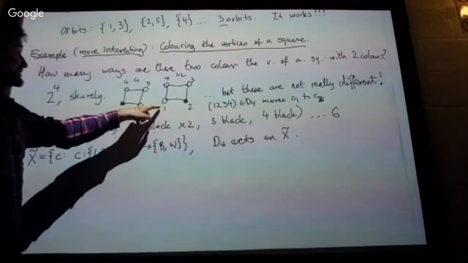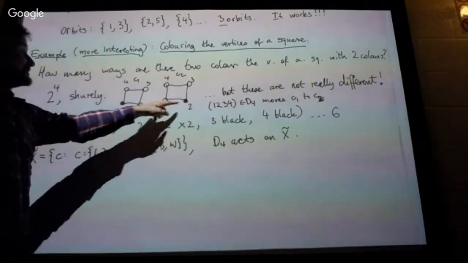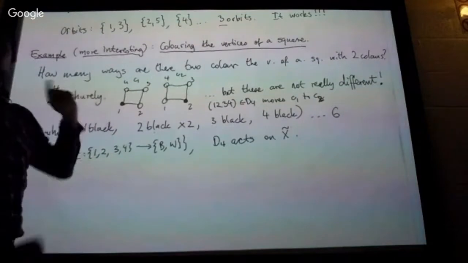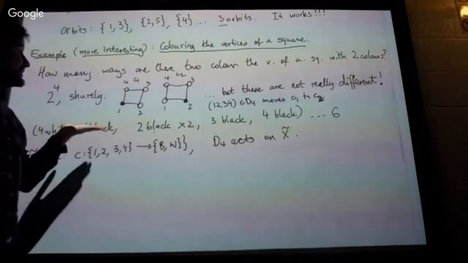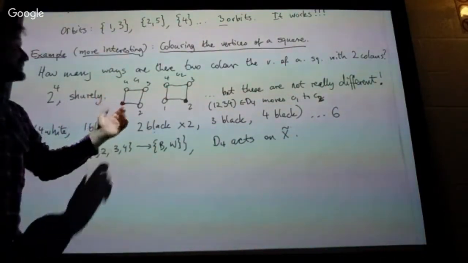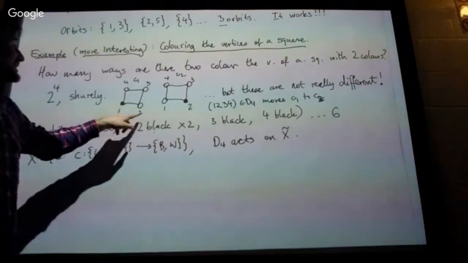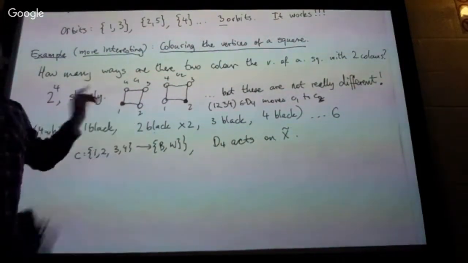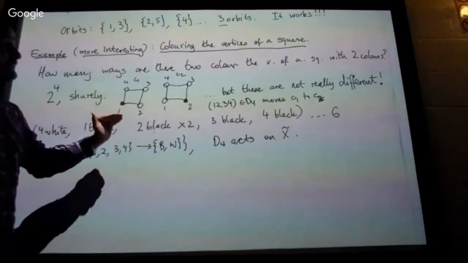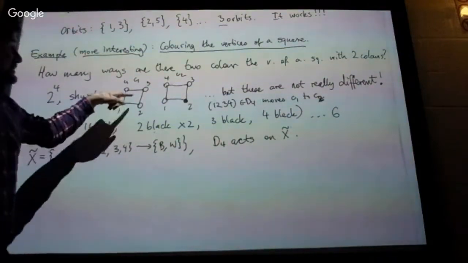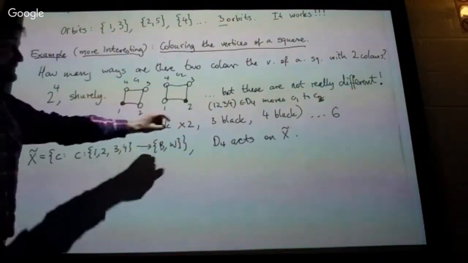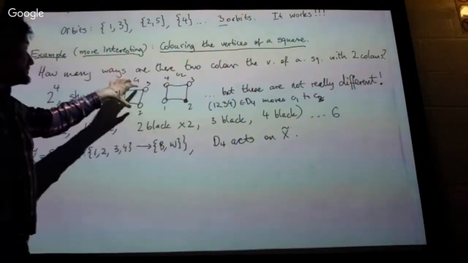C2 is a map that maps 1 to white, and 2 to black, and 3 to white. So they're not the same because they have different values in 1, and they have different values in 2. They're different maps. And that's exactly what we're saying, that they're actually the same because there is an element of this group that moves that to that.